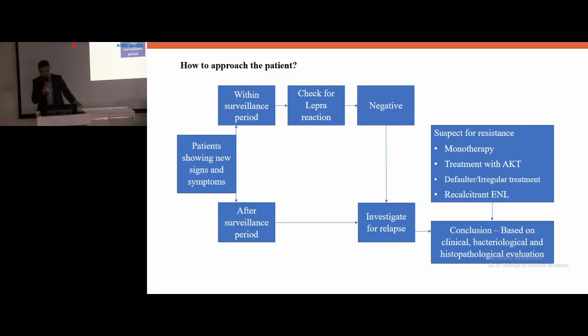If lepra reaction signs and symptoms are also not there, but there is still a possibility, then we have to investigate for relapse, or there is a therapeutic inadequate response in those cases presenting within the surveillance period. And if the patient is presenting after the surveillance period, then we investigate for relapse based on the clinical and laboratory criteria, and then we make the further diagnosis.